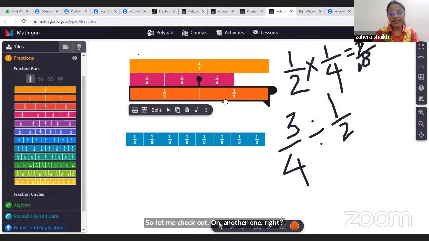So here I can see that my 3/4, if I take a half of it, what am I getting?